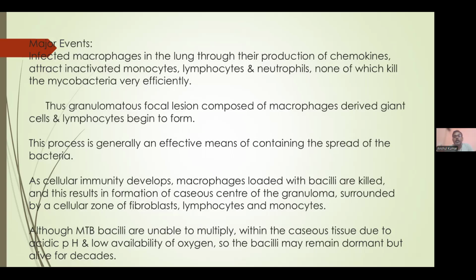So basically the difference is that spore forming bacteria are in sporulated form outside the cells, but here, though it is a non-sporing bacteria, it remains dormant. Dormant means that it is not multiplying. It remains in an inactive state, waiting for an opportunity, as the immune system of the body declines, and it will enhance its activity by converting itself into an active form.